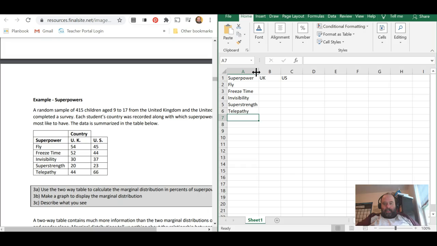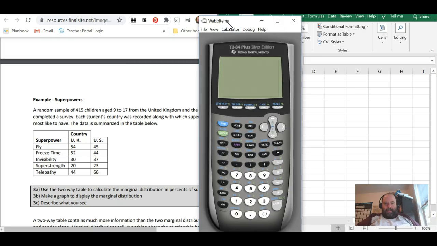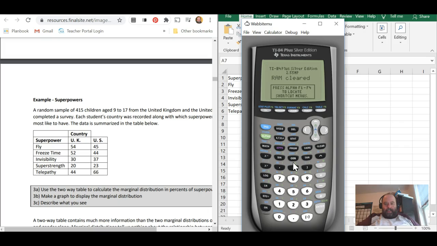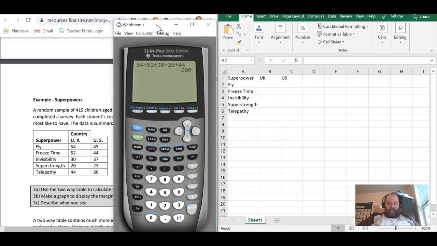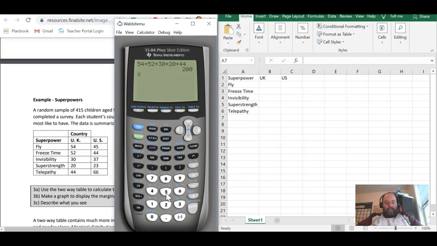So just to help me out here, I'm going to bring up my calculator and sum up what's in the UK, right? So I have 54 plus 52 plus 30 plus 20 plus 44. That gets me a total of 200 that were surveyed in the UK, right? So I need these percentages. 54 out of 200 gets me 27%, right?